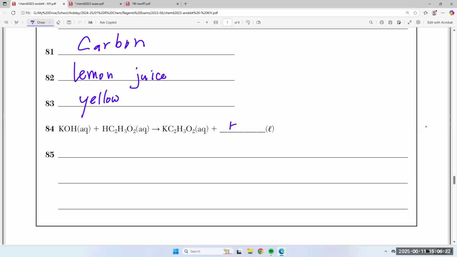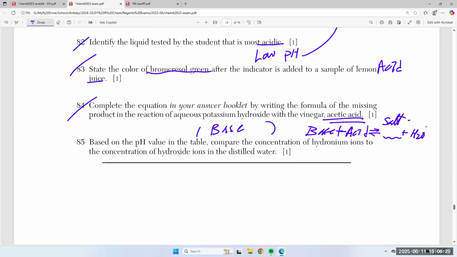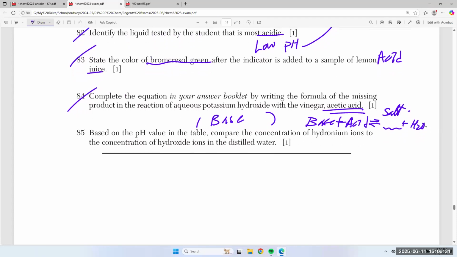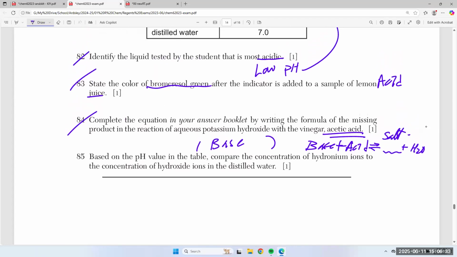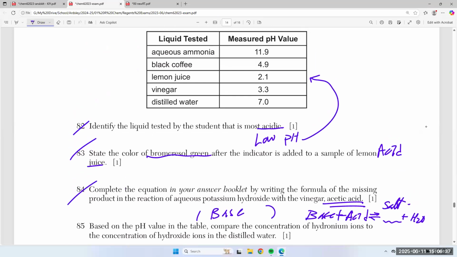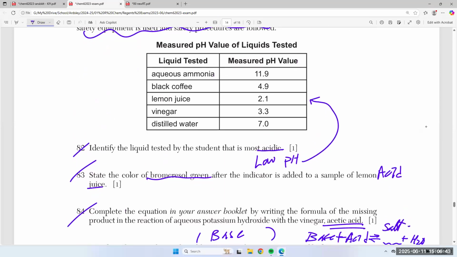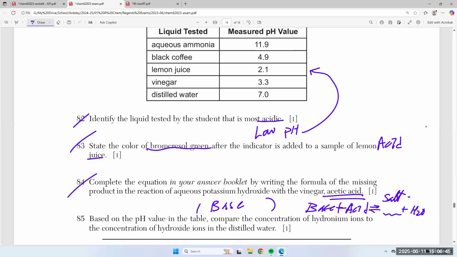They literally asked you to identify the easy one. 85. Based on the pH value in the table, compare the concentration of hydronium ions to the concentration of hydroxide ions in the distilled water. See, here's what happened.